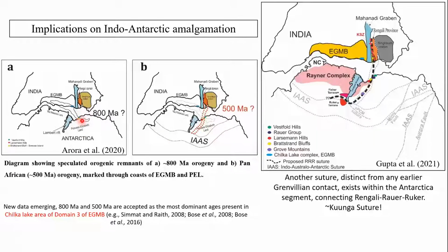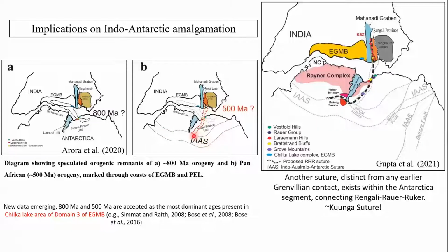So by correlating the granulites of Larsemann Hills with the Chilka Lake and Rengali domain, and by comparing their published geochronological data, I speculated 2 remnant orogenic belts passing through PEL and conjugate Indian sectors, suggesting that the Pan-African belt can be speculated as a branch of the IAS proposed by the aeromagnetic data.